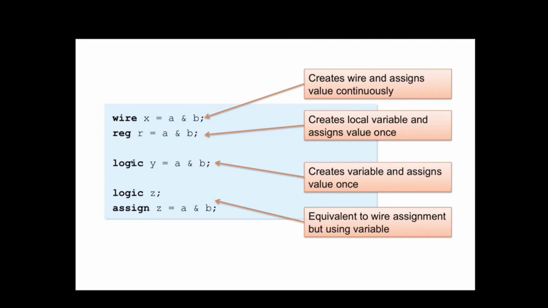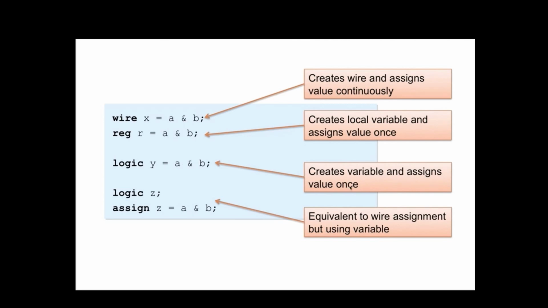And since you can use a logic effectively as a wire for a point-to-point connection, you might think that the same kind of thing happens, but it doesn't. It basically acts like a reg, in that if you create, in this case, logic Y and assign it to be A and B, it creates the variable and assigns the value once.